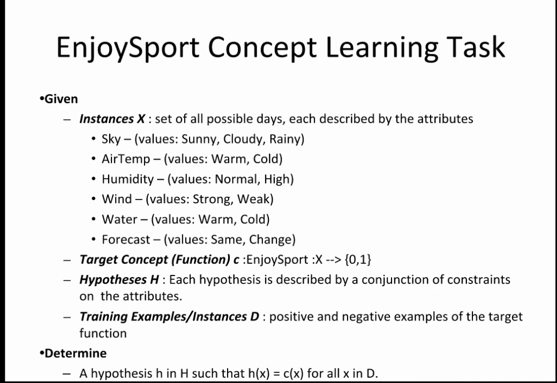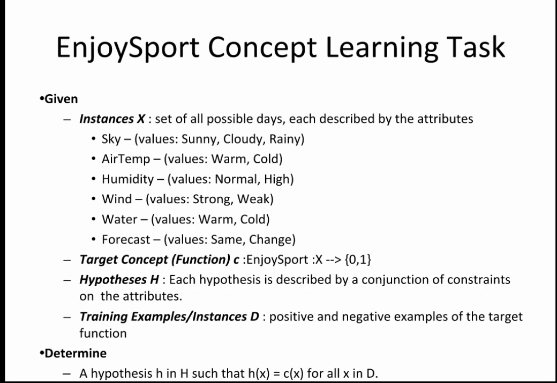So our hypothesis either could have a question mark for a particular attribute, or could have the value that comes from its domain. For example, for sky, our hypothesis could have either sunny or cloudy or rainy or question mark or 0. So for the sky attribute, 5 values are possible.